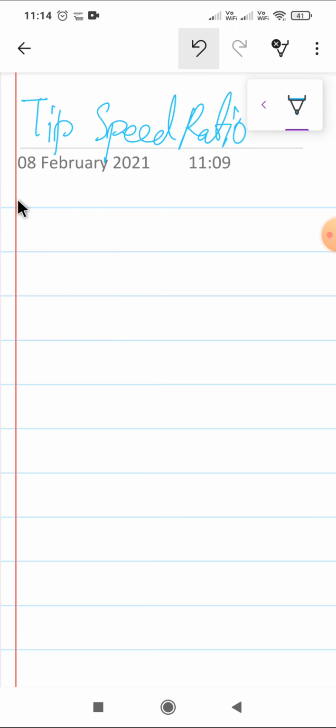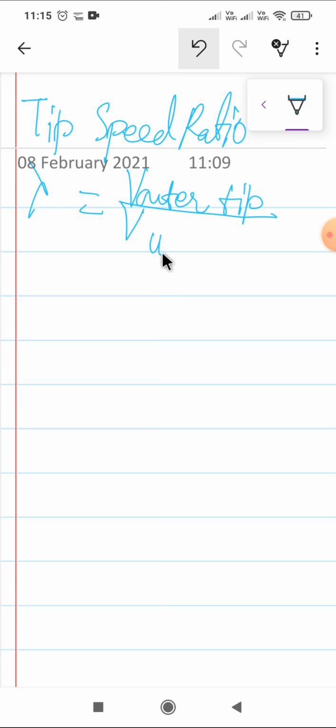So tip speed ratio lambda is defined as the ratio of the blade's outer tip speed, that is V tip, divided by the upstream wind speed, V upstream or free wind speed.